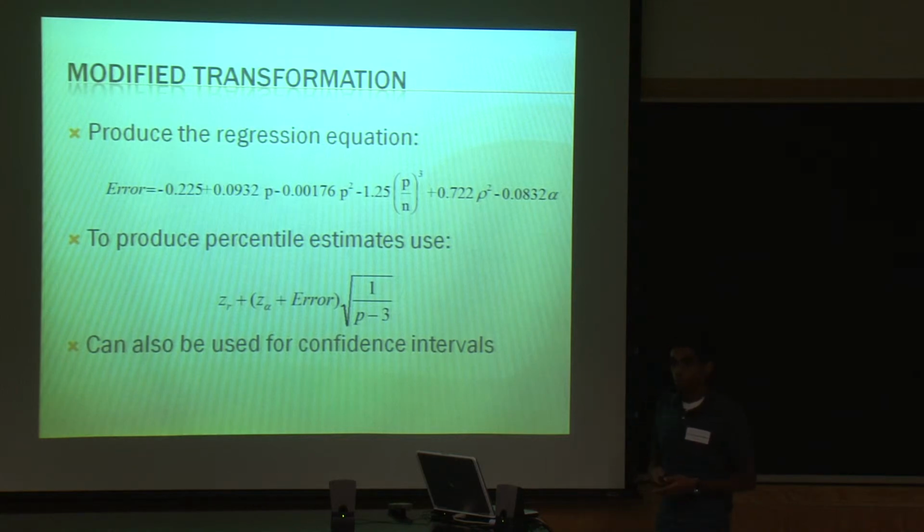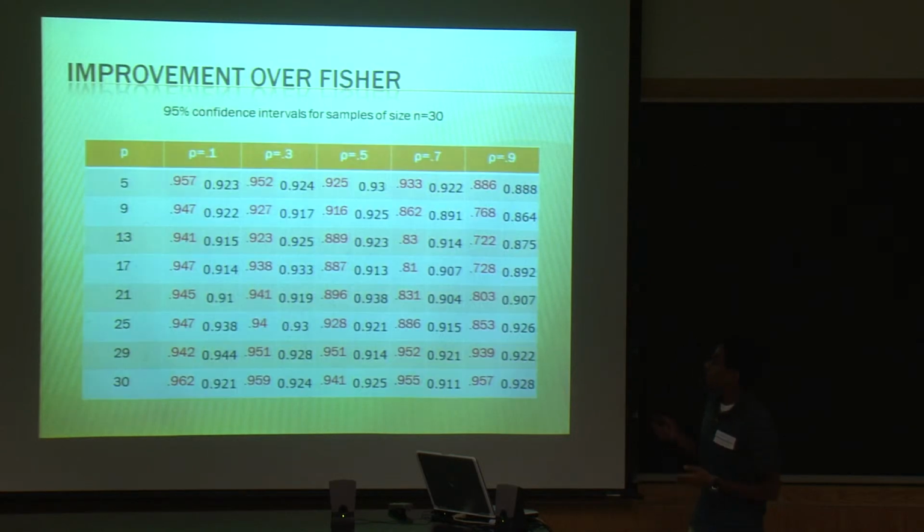So in something similar to what we did with Fisher's transformation, we constructed 95% confidence intervals using this modified form. The numbers in black represent the percentage of those confidence intervals constructed which actually contain the value of rho. And the numbers in red are what you saw before. What we see is that when rho is small, closer to 0, Fisher's transformation still performs very well, but we're fairly close.